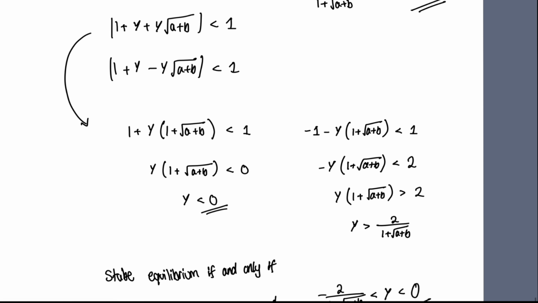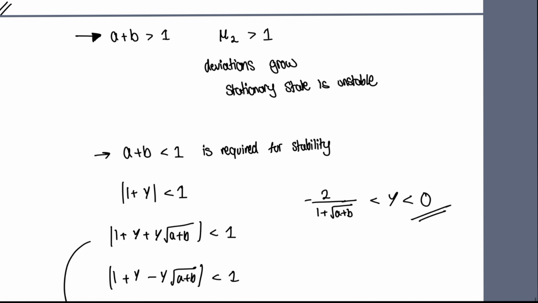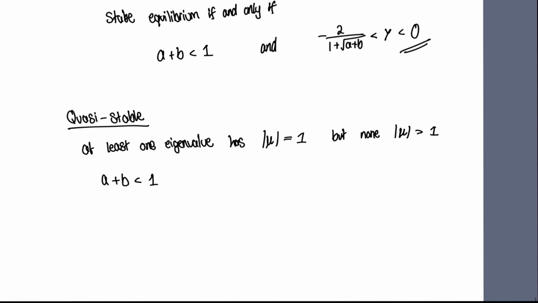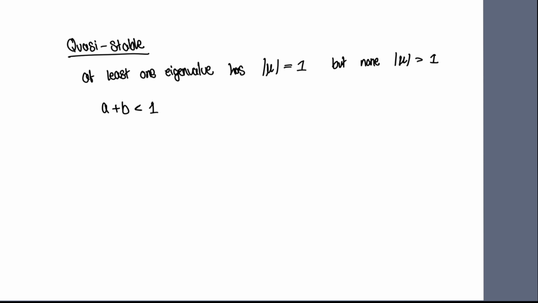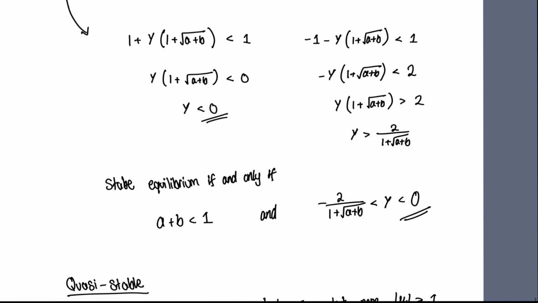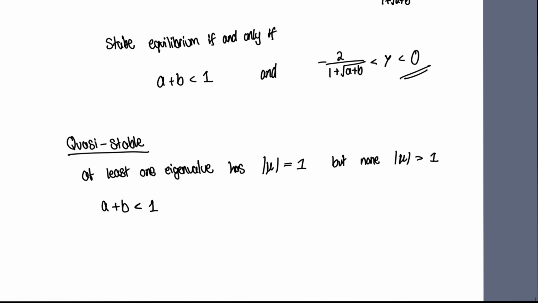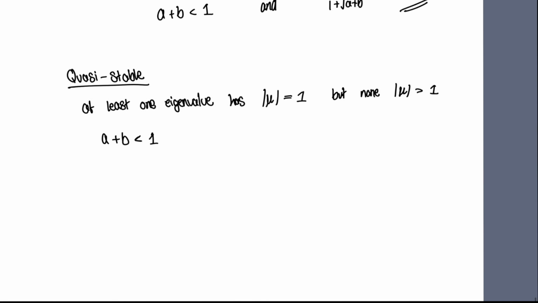So because none of them can be greater than 1, we still have the condition where a plus b is less than 1. And now, if we look at those same conditions, we can't have them greater than 1.